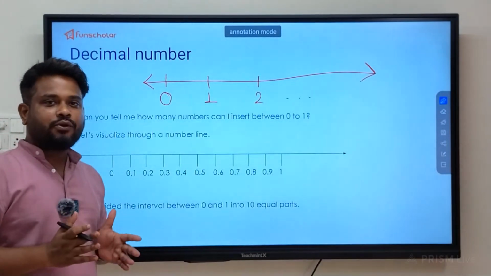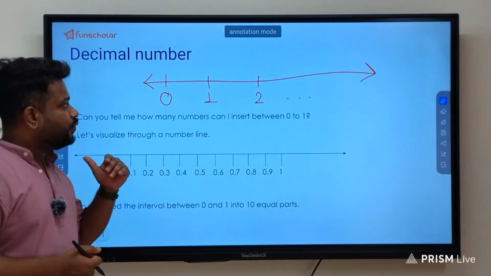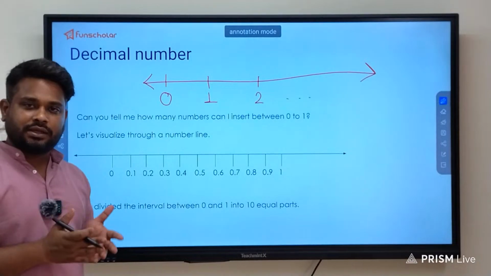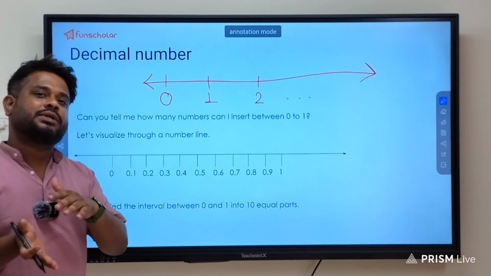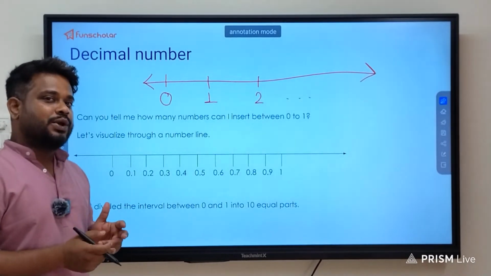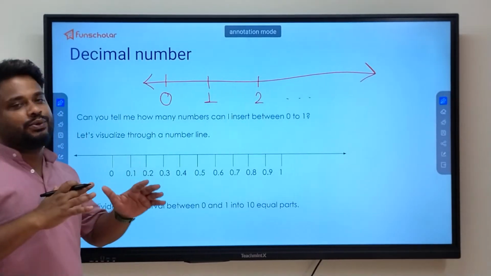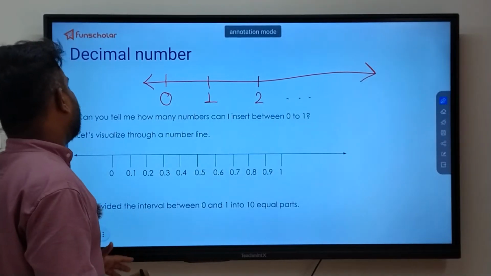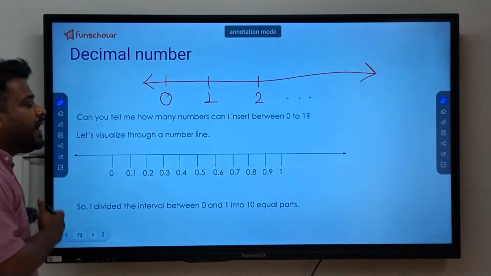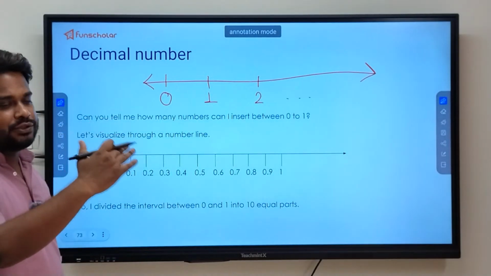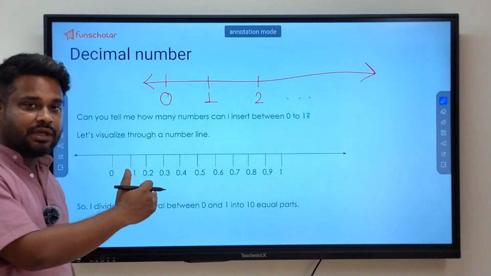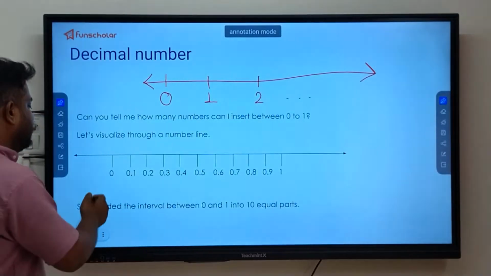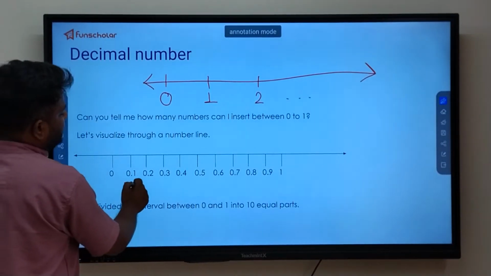Okay, and talking about fractions, I have told you in the beginning that every fraction is also a rational number and every decimal number is also a rational number. So from these two logics, try to visualize that there will be an infinite number of rational numbers, fractions, or decimal numbers between any two numbers.